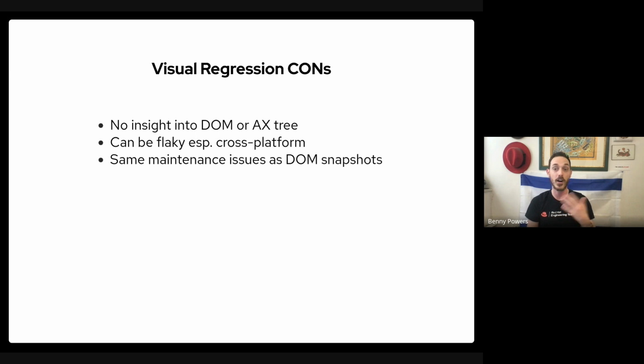The font rendering on macOS in Chrome is different from the font rendering on Linux and Firefox, which is different from the font rendering in Windows in Chrome. So those differences can be annoying, let's say, to work around. Now, there are workarounds for that, like containerization and whatnot, but it's something to be aware of.